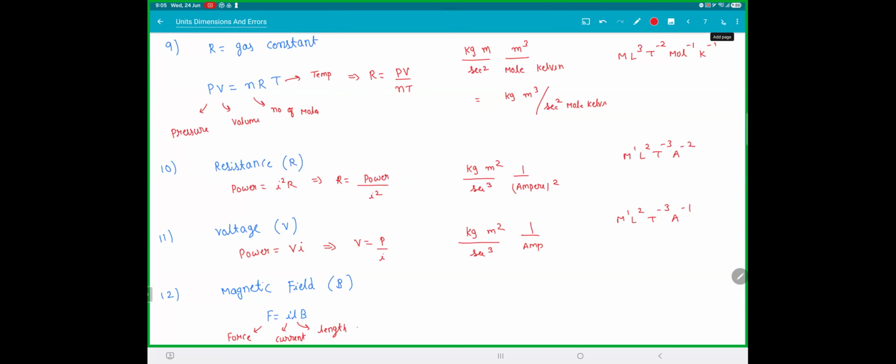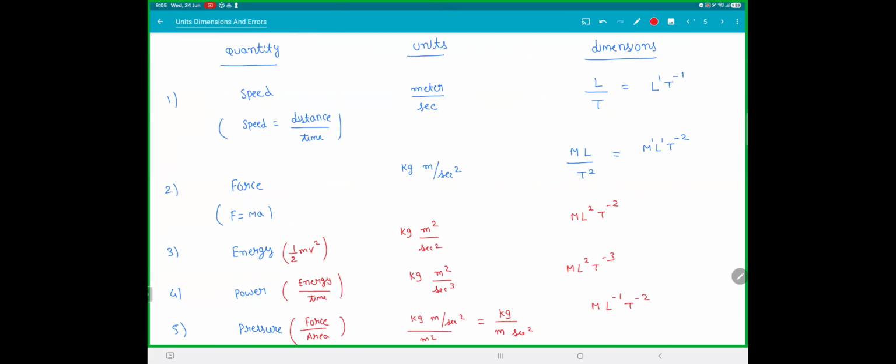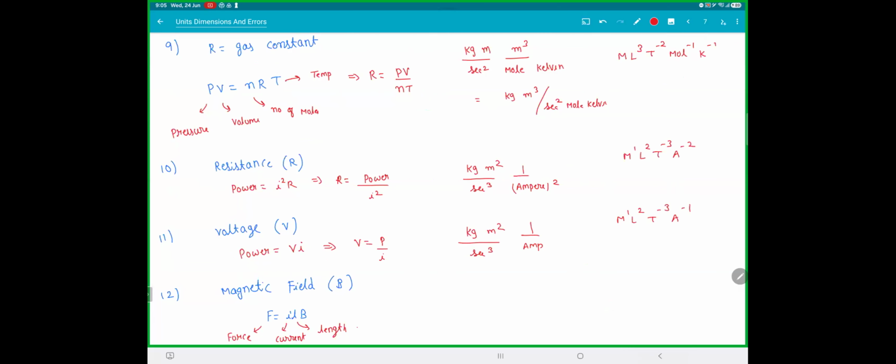Kg meter power 4, right? Maybe wait. Pressure is what? You're right. That was meter in the denominator. My mistake. This would be meter square, that would be L square. That is fine, that's a mistake I made.